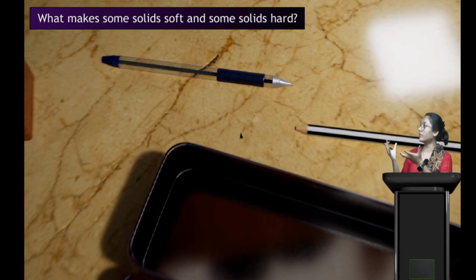Some solids are soft and some solids are hard. See, the eraser that you students use, we can mold it or change its size according to our own will. The eraser is usually soft. You can think about cotton, it is soft, right?